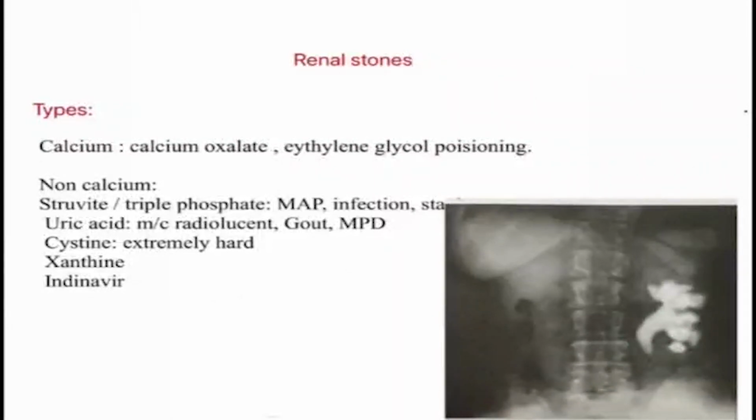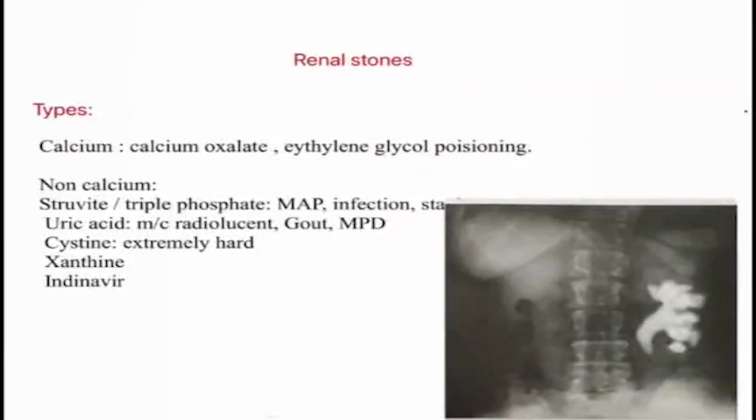So in this diagram we can see that there are 5 points of narrowing in the genitourinary tract. First is at the ureteropelvic junction. Second is where the ureter crosses the iliac artery. Third is where the vas deferens is present near the ureter.